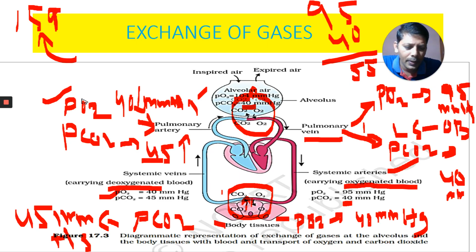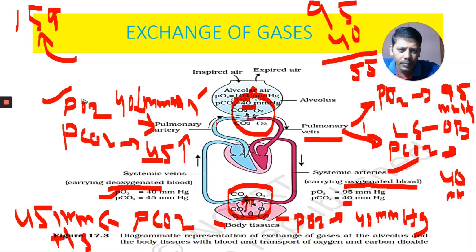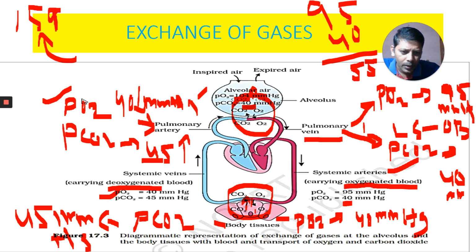In pulmonary exchange, gases are exchanged between alveoli and pulmonary capillaries. Here, exchange of gases takes place between pulmonary capillaries and alveolus. Here, exchange of gases takes place between systemic capillaries and tissue. This is the tissue. These are the systemic capillaries. Exchange of gases takes place between systemic capillaries and tissue.